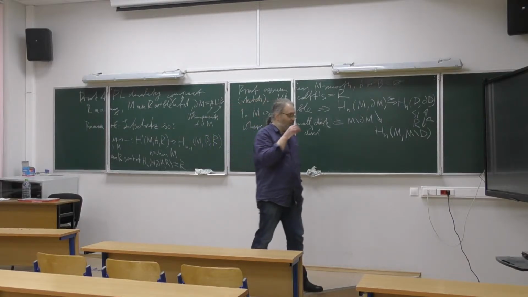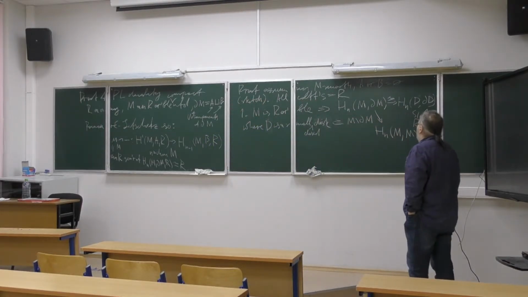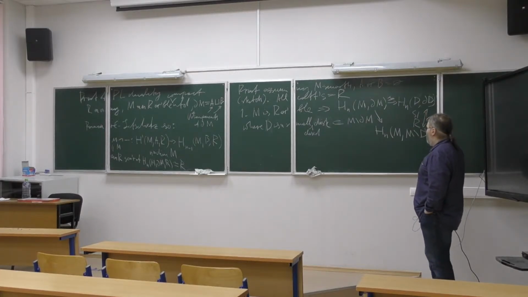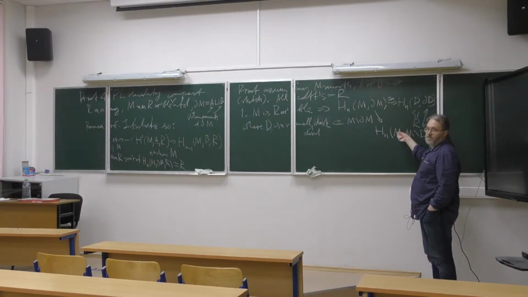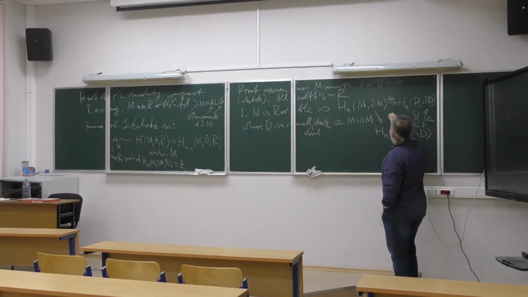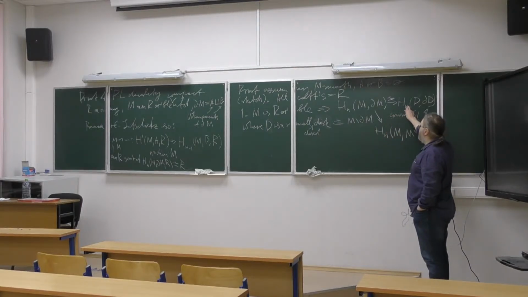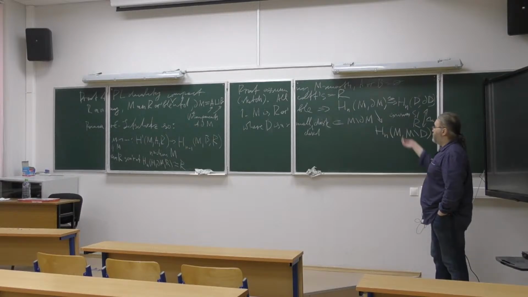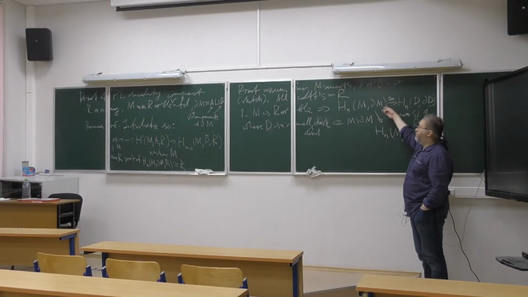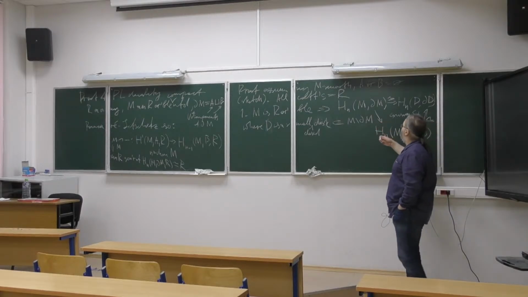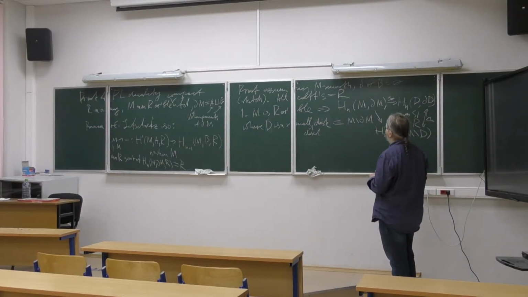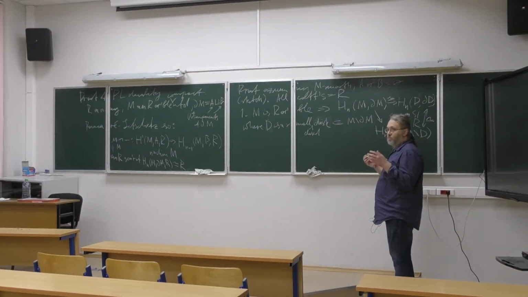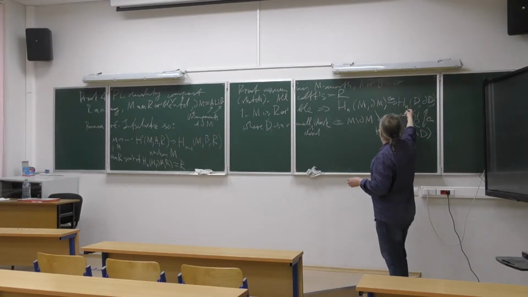And then we apply the excision property to deduce that this is an isomorphism, and so we get this map, which exists regardless of whether M is orientable, and the claim is if M is orientable, then this map is an isomorphism.